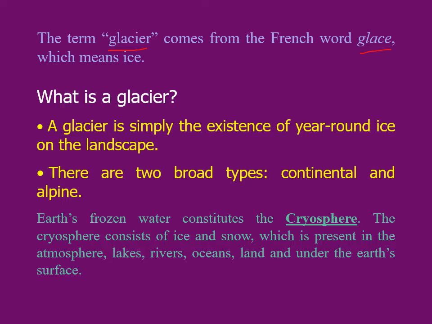Now, a glacier is simply an existence of year-round ice. Over the landscape, there is a continuous ice cover, and that body of ice moves towards downslope areas under the action of gravity.